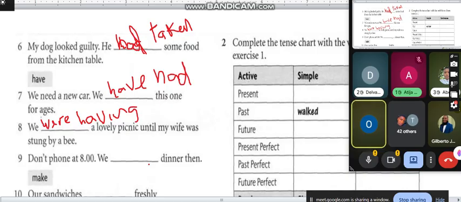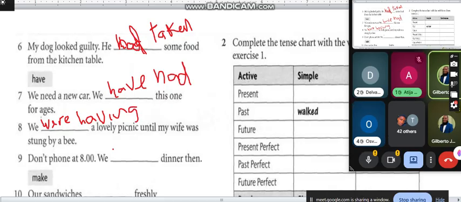Yes, I'll go along with the adverb. It means that this action will be in progress in the future. So it's an action that will be in progress in the future, right? Yes. So don't phone at 8. We'll be having dinner.